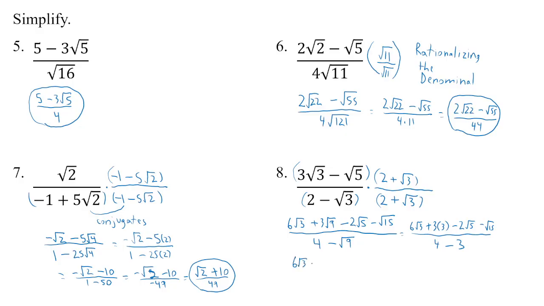We got 6 times the square root of 3 plus 3 times 3 is 9 minus 2 times the square root of 5 minus the square root of 15. And on the bottom, we have 4 minus 3, which is 1. And this will give you 6 times the square root of 3 plus 9 minus 2 times the square root of 5 minus the square root of 15. And this will be your solution.